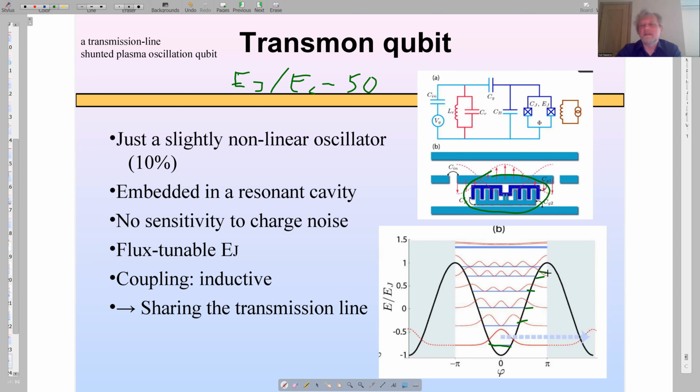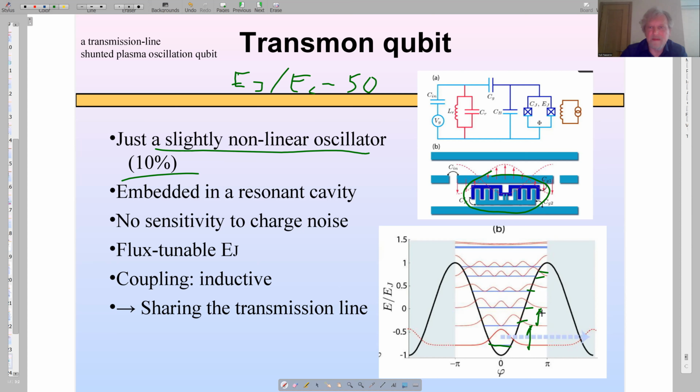Right. As we see, the first states are very close to those of an oscillator. So in fact, the resulting system is just a slightly non-linear oscillator. The energy difference, say, between this pair of levels and this pair of levels is just 10%.